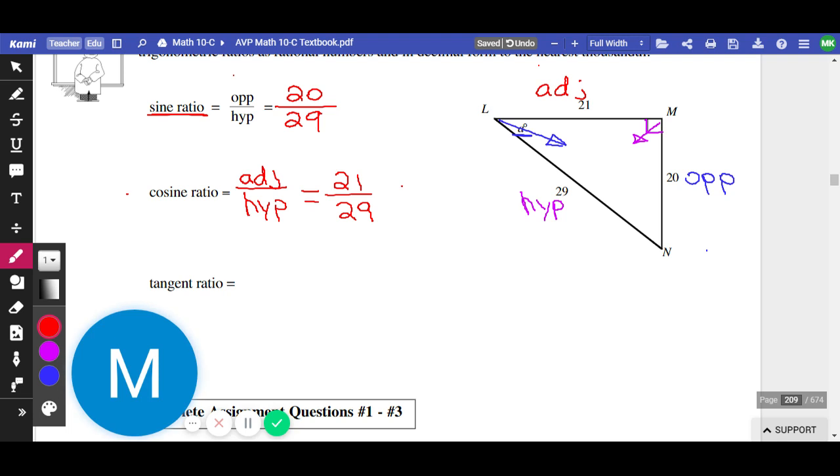Lastly, my tangent ratio is opposite divided by adjacent. The opposite side is 20, the adjacent side is 21. Those are the primary trig ratios.